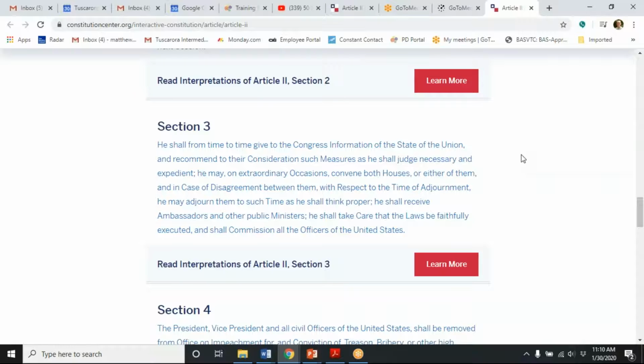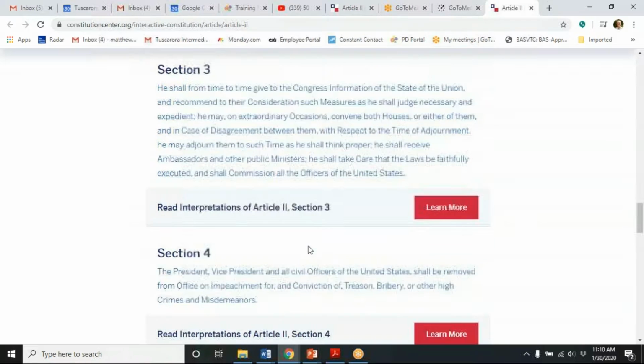The implication is that he's accountable to Congress. He has to come back to Congress and report how things are going. A little bit different now than it was in the 1700s. It serves a bit of a different purpose, but it's there in the Constitution.